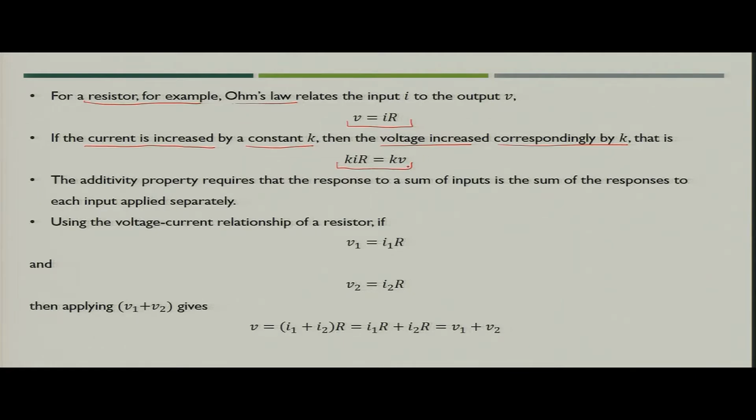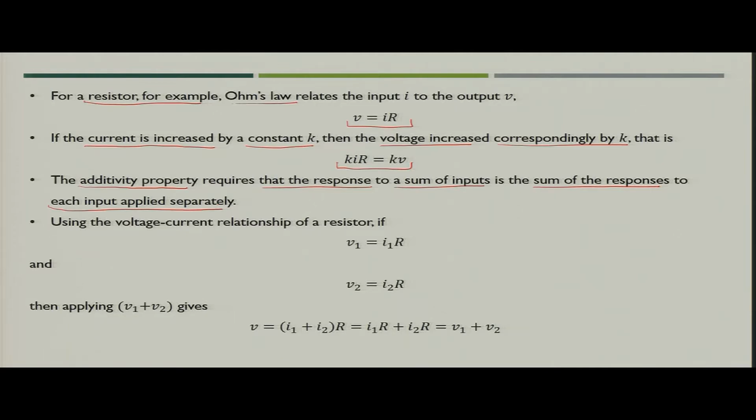Now, after homogeneity, let us find out what the additivity property is. The additivity property says that the response to a sum of inputs is the sum of responses to each input applied separately.